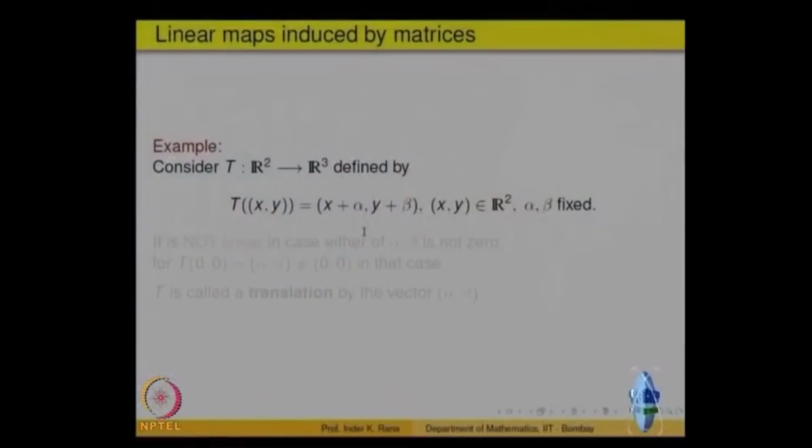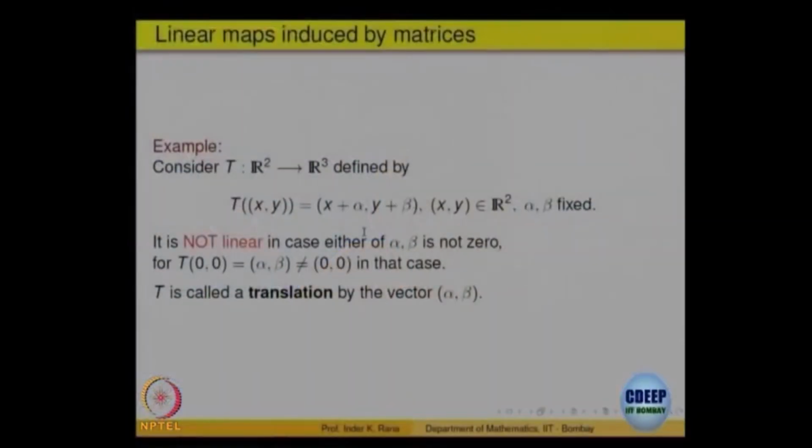And what is this basically? This is a translation. You are taking a vector and just translating it by a fixed vector alpha comma beta. So, translations in the plane or even in R3 or in any Rn are not linear transformations, because they do not leave 0 fixed unless the translation is by the trivial vector. So, this is called translation. Keep in mind, translations are not linear.